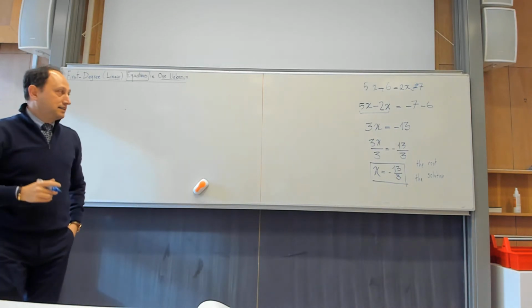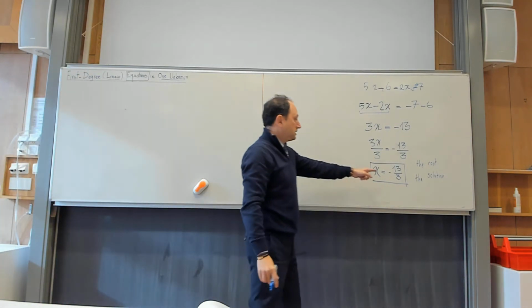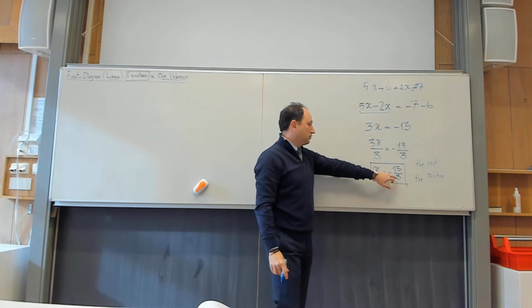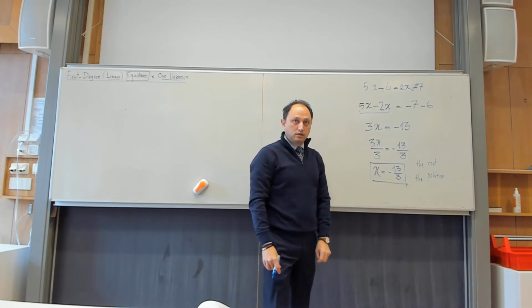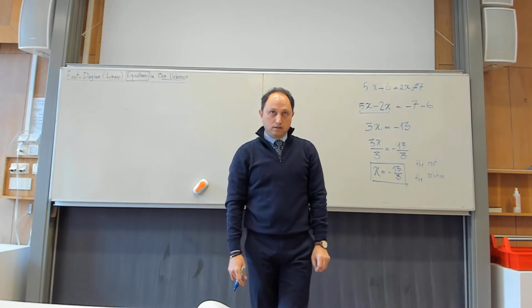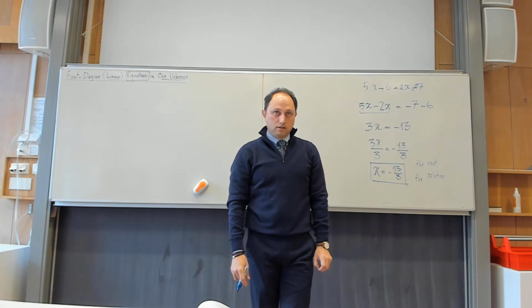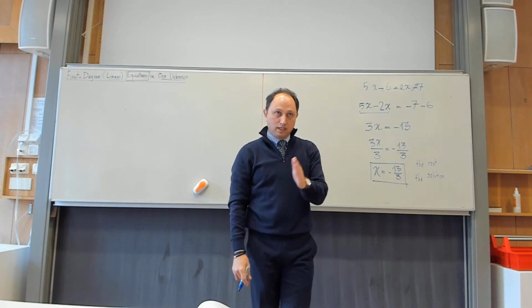Okay, so what's the meaning of that? Let me repeat these words. Can you just complete this? What's the meaning of this number? Yes? It's the number that when you replace x with it, it gives you... No, replace x with it. It is up to here is very good.